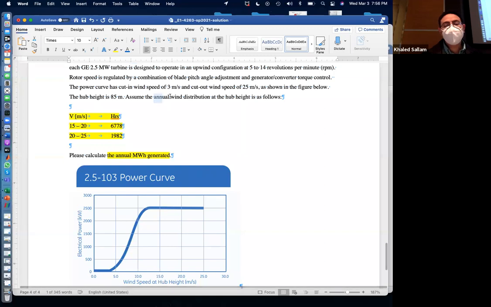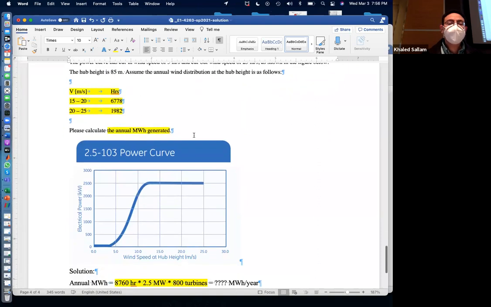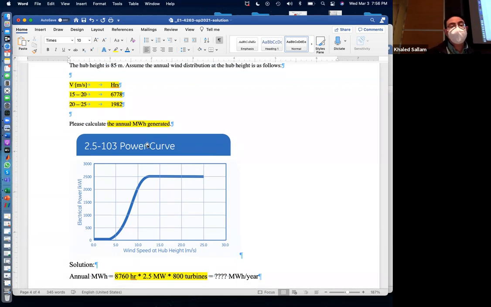He said please calculate the annual megawatt hour. The energy, megawatt hour, or kilowatt hour, or joule, or BTU, all energy is power multiplied by time. You need to multiply by time.